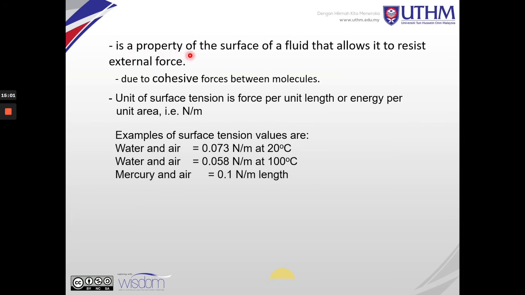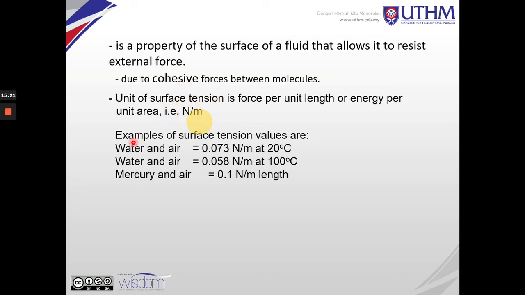Surface tension is a property of the surface of a fluid that allows it to resist external forces, due to cohesive forces between molecules. The unit of surface tension is force per unit length or energy per unit area, so we use Newton per meter.